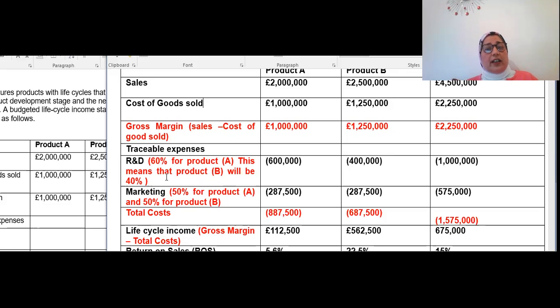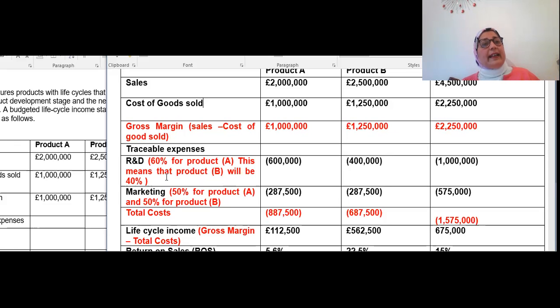So if we calculate the 50% here, it is 287.5 for product A and 287.5 for product B. Total cost, including research and development and marketing, gives you the total cost for product A of 887.5, and for product B 687.5, and the total is, of course, you add them together, 1,575.